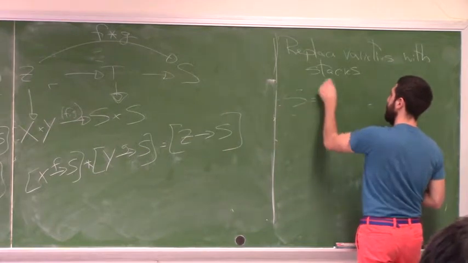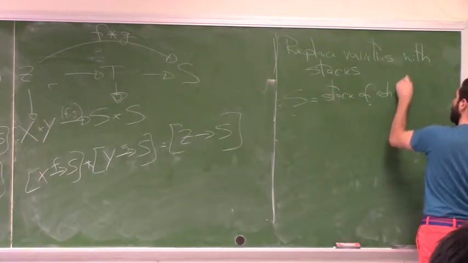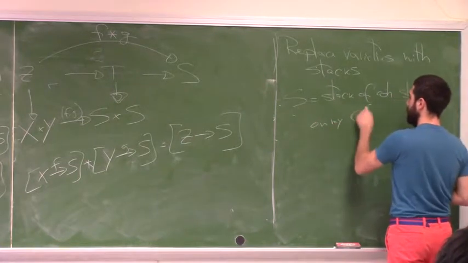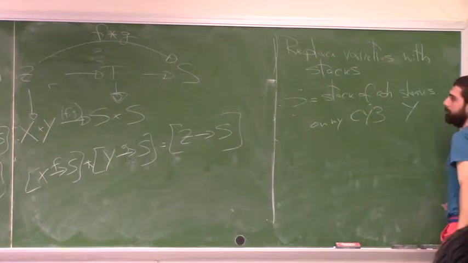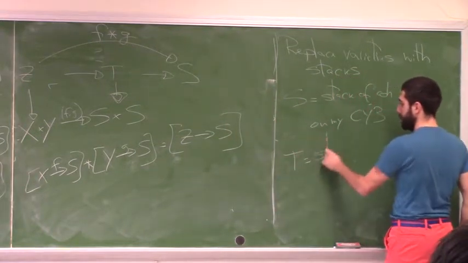S will be the stack of coherent sheaves on my Calabi-Yau threefold Y. And now my T will be the stack of short exact sequences.